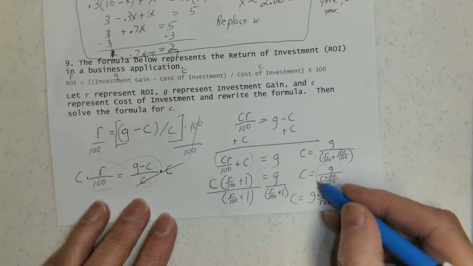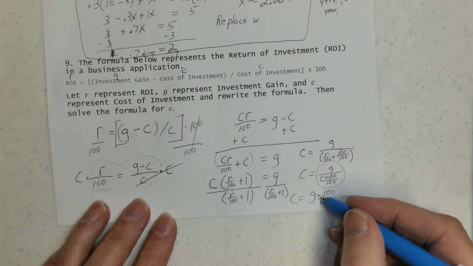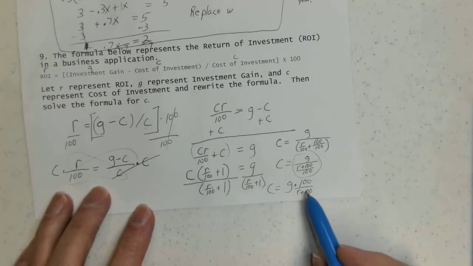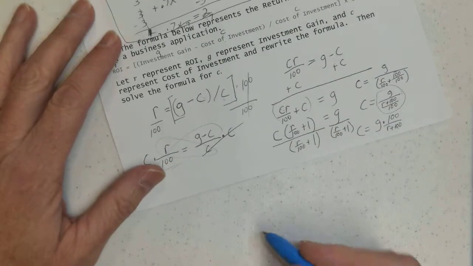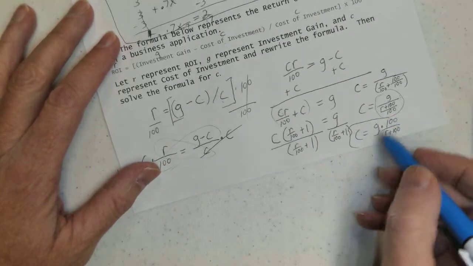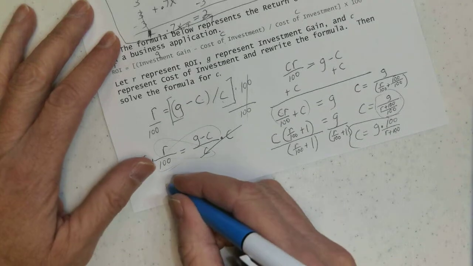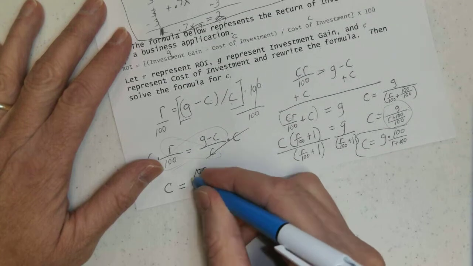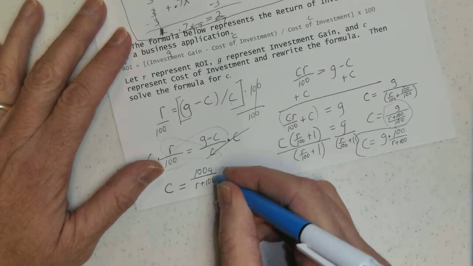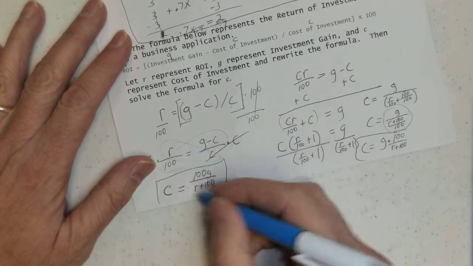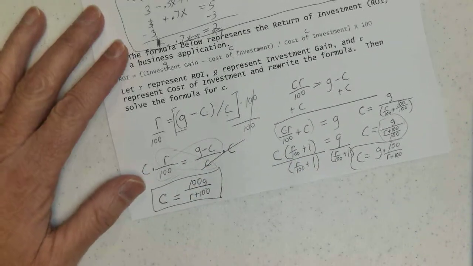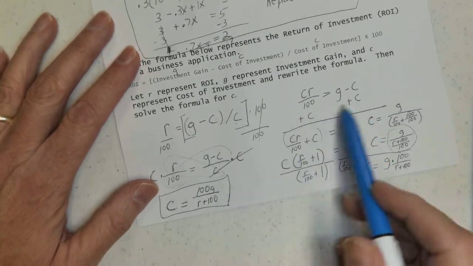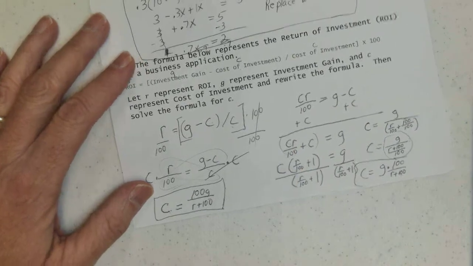See how thinking of the complex fraction as division, I'm going to rewrite it as multiplication and go by the reciprocal. C equals, instead of G times 100, I'll write 100G over R plus 100. Have this as my simplified equation that is solved for C. I did get C completely by itself. I didn't have it in two different places after we factored here. Okay.